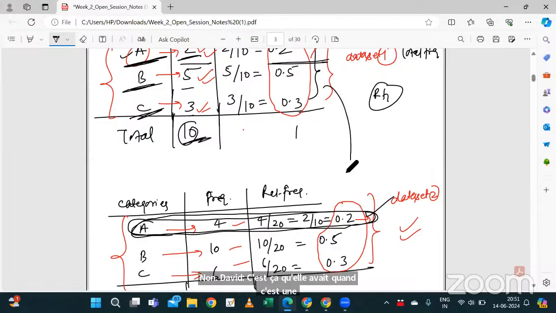Sir, will it be the same in each case, like 0.5? No, it can be different, it can vary. It's not a coincidence. Because once your frequency values get changed, your relative frequency will get changed.